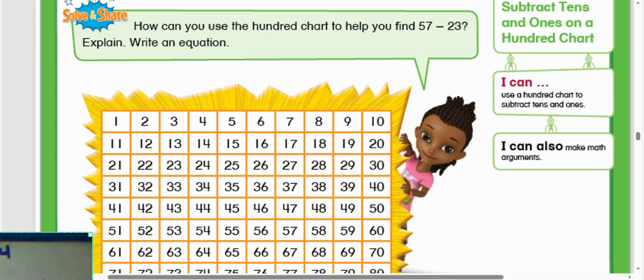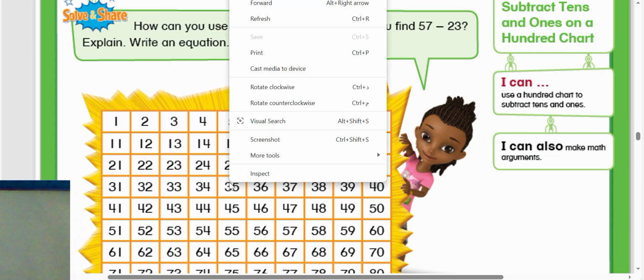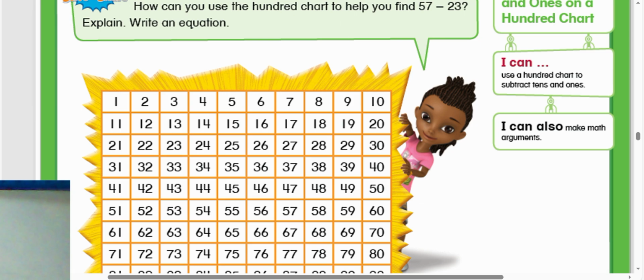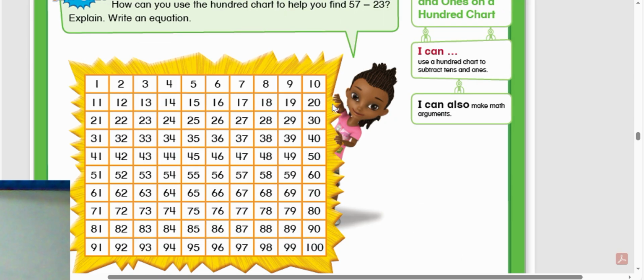Look at here. Start with me, put 57 minus 23. Where is 57? 57 here.